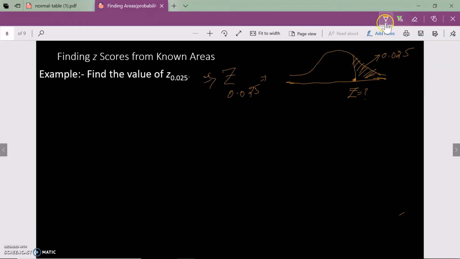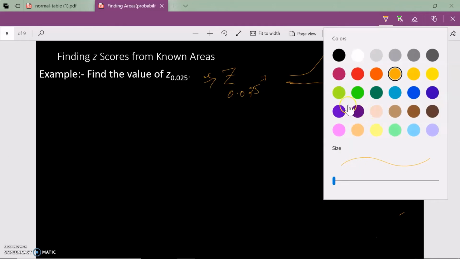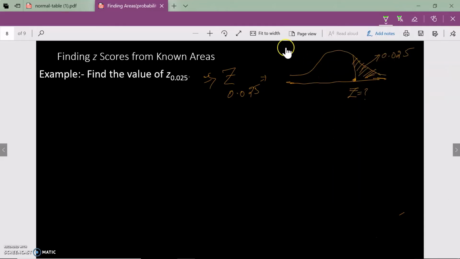You have to find a z-score such that this area is 0.025. Now if this area is 0.025, then clearly this area will be 0.9750. The area on the left side, the one I am shading in green, will be equal to this one. How do I get this area?